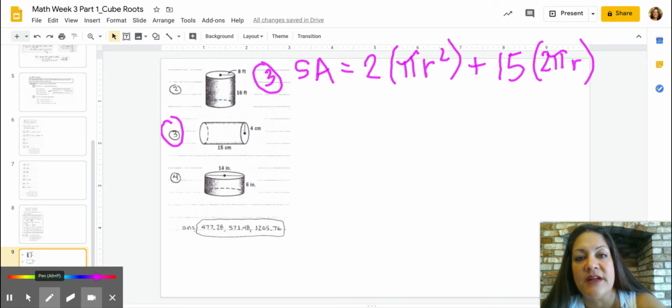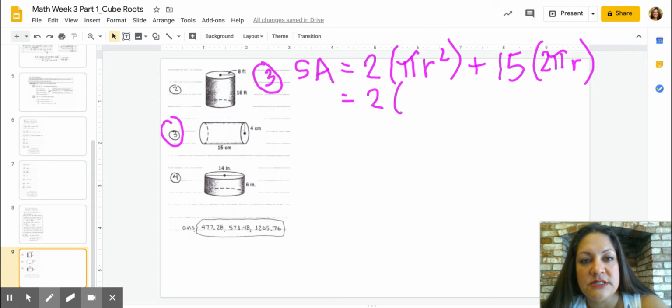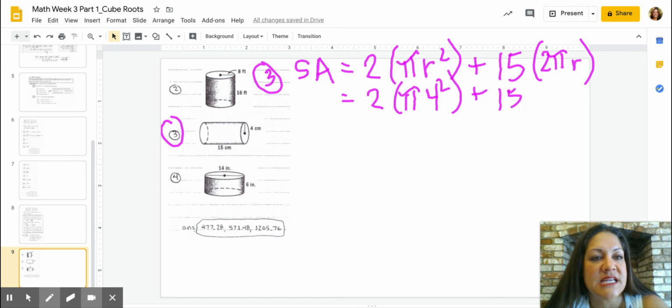Okay, let's plug in our values. So equals 2 times pi times the radius squared, so 4 squared, plus 15 times 2 pi times 4.